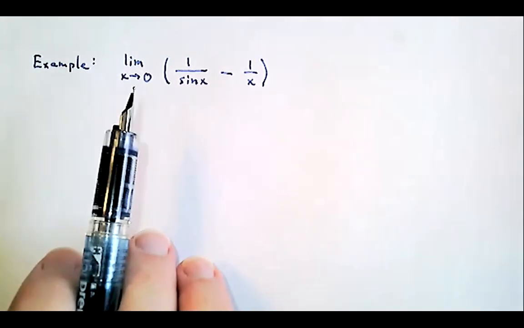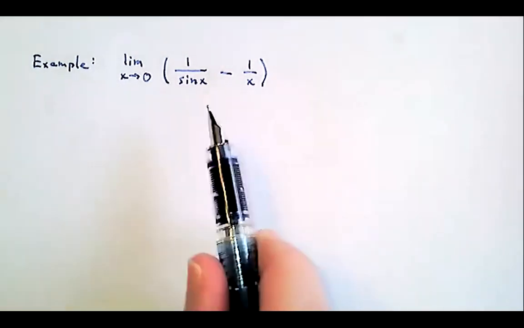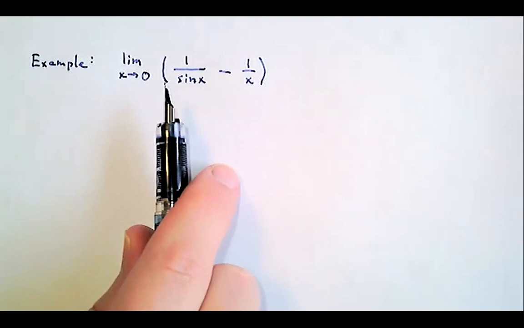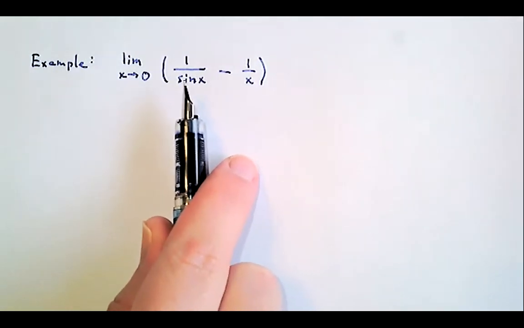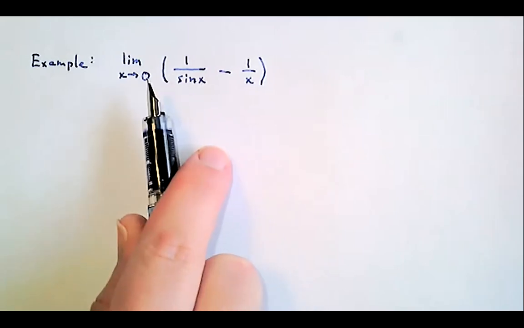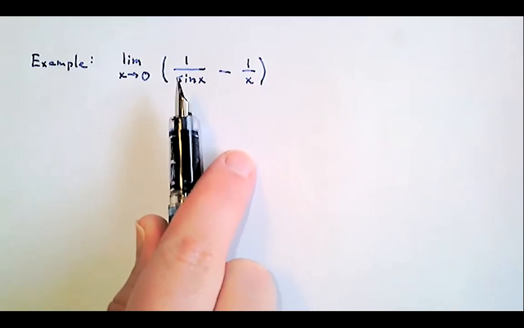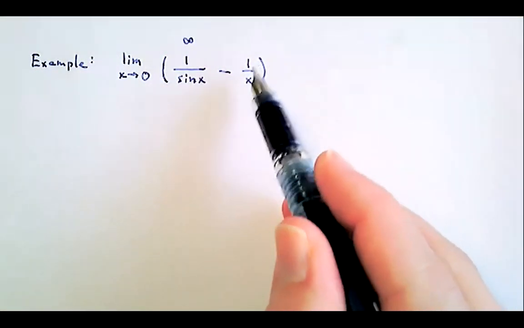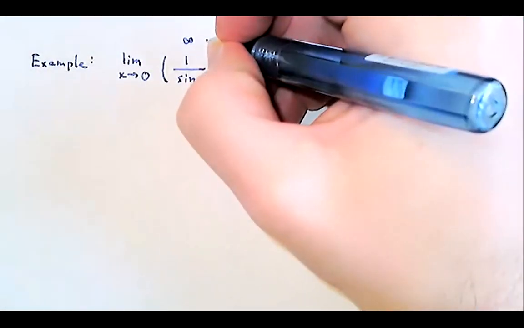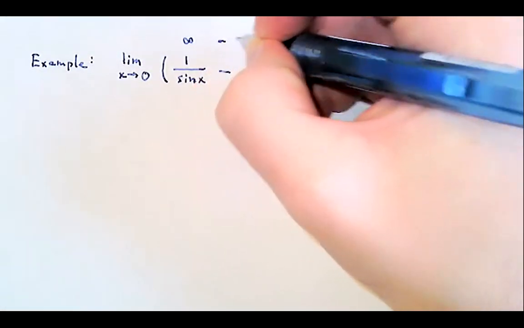So the problem with this one, if we plug in 0 for x in the first fraction, we know sine of 0 is 0. So we're trying to divide by 0. That means this thing is going to blow up to infinity. And we also know that 1 over x is going to blow up to infinity.